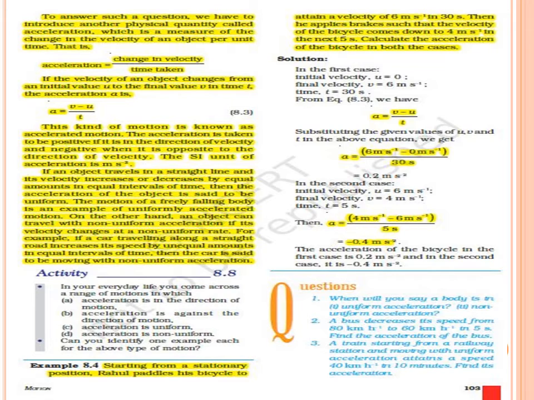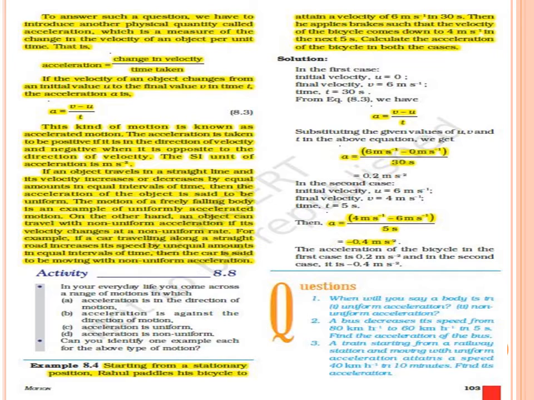For example, suppose a car traveling along a straight road has a velocity of 50 km per hour in the first hour, in the second hour its velocity becomes 40 km per hour, and in the third hour its velocity becomes 60 km per hour. Then the car is said to be moving with non-uniform acceleration.